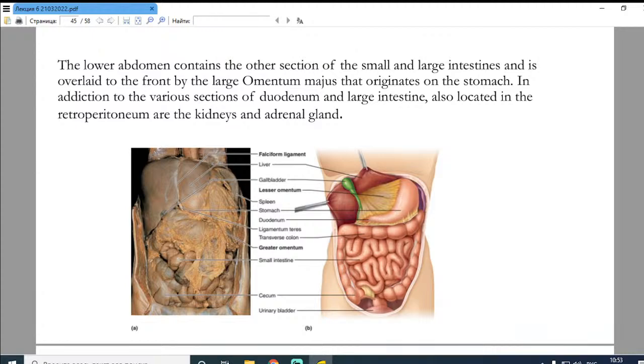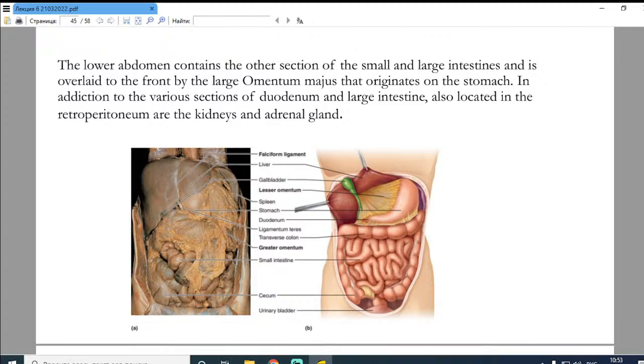What you see, omentum majus, originates on the stomach. In addition to the various sections of the duodenum and large intestine, also located in the retroperitoneum are the kidneys and adrenal glands. This is, you see, the lower abdomen, colon transversum, upper abdomen.